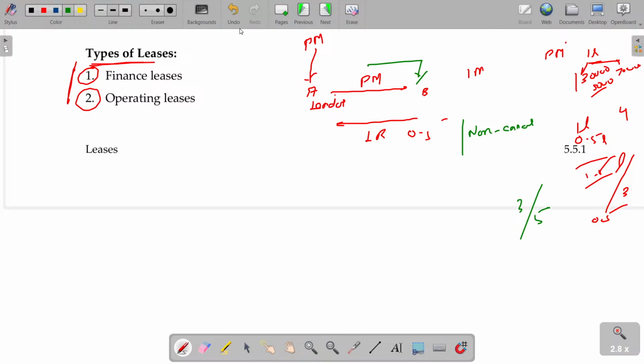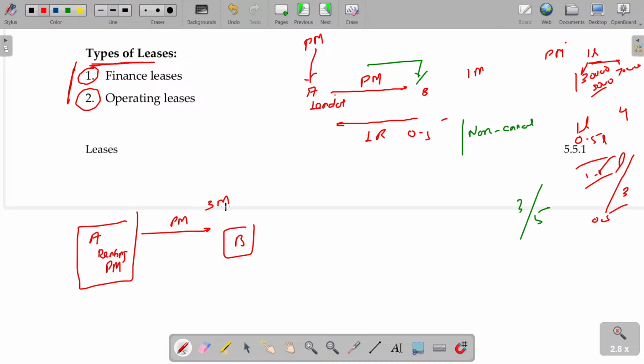Then what happens in case of an operating lease, sir? A is doing the renting of plant and machinery business. B wants this property or plant and machinery for use for 3 months only. For that, lease rent is payable month on month. Now, A is involved in the renting business.